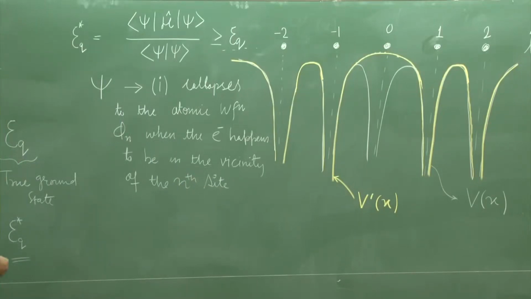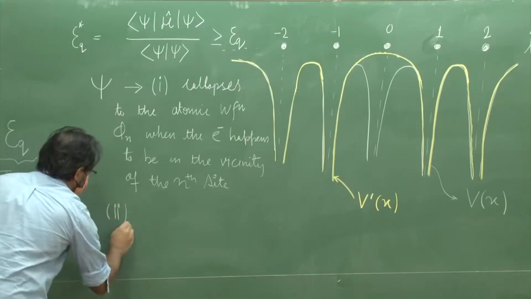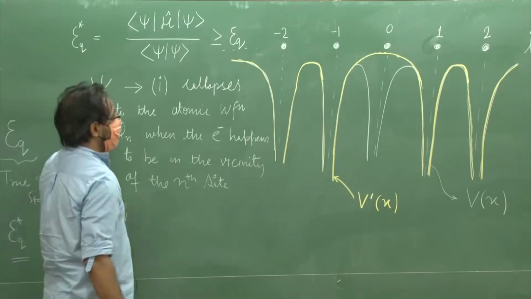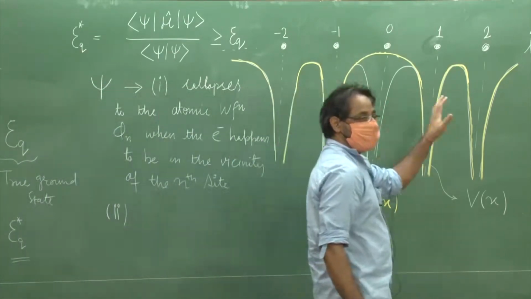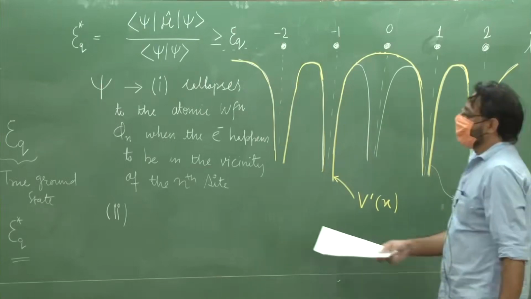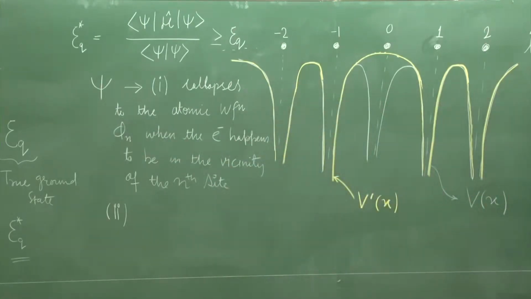And the second point is that since you're constructing a wave function for an electron in a periodic lattice, you would demand that this wave function should be a Bloch wave function. It should satisfy Bloch's theorem, because after all you're constructing a wave function for an electron living in a periodic lattice, right.